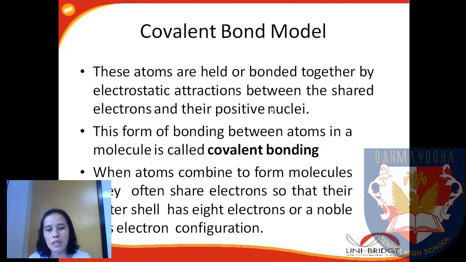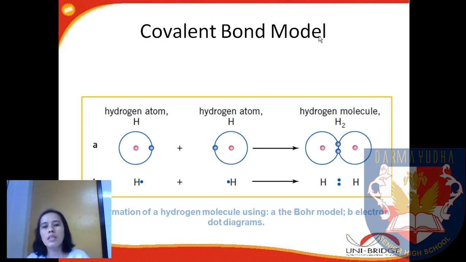Take a look at the example here. This is the covalent bonding model in hydrogen. A hydrogen atom has one electron and another hydrogen atom also has one electron. One hydrogen atom bonds together with another hydrogen atom by sharing their electrons, to form covalent bonding.